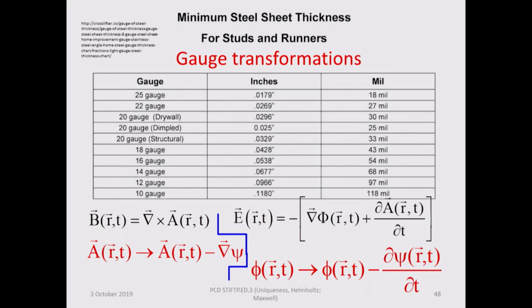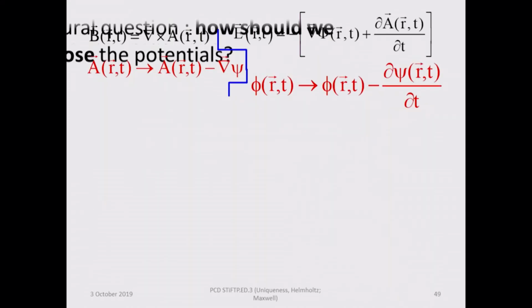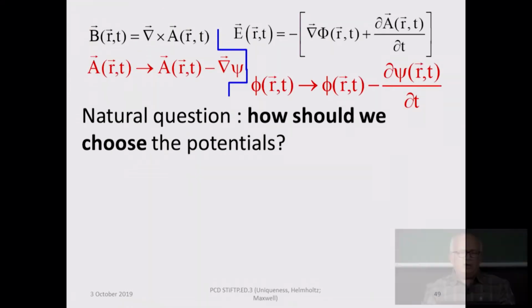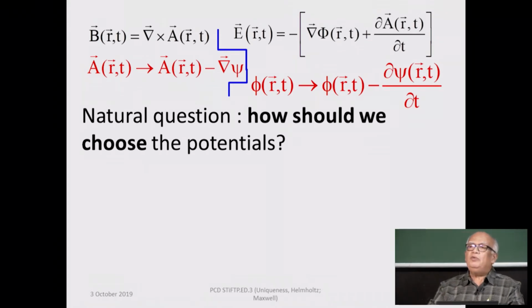And likewise, you have these gauge transformations. You can transform from A to A minus del psi and from phi to phi minus del psi by del t, and you will get the same fields, all right. So these are known as gauge transformations. And now the question is, how do we choose the gauge? Because now you have got a huge possibility, all right.